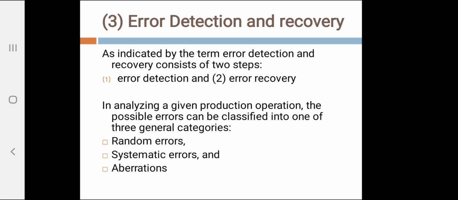By detecting these deviations on a part by part basis, corrective actions can be taken in subsequent operations. Systematic errors are those that result from some assignable causes, such as a change in raw material properties or a drift in an equipment setting. These errors usually cause the product to deviate from specifications so as to be unacceptable in quality terms. The third type of error, aberrations, results from either an equipment failure or human mistakes.